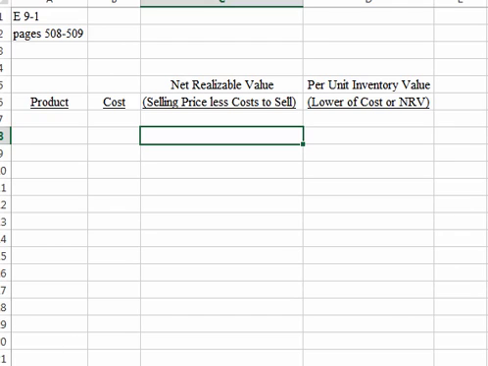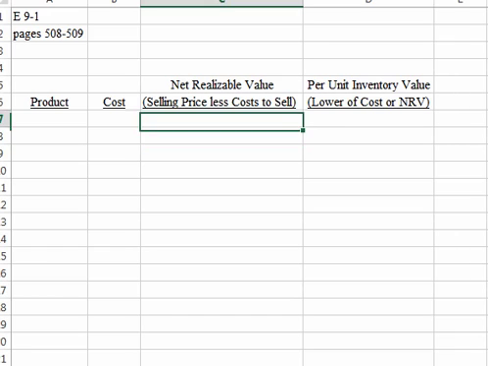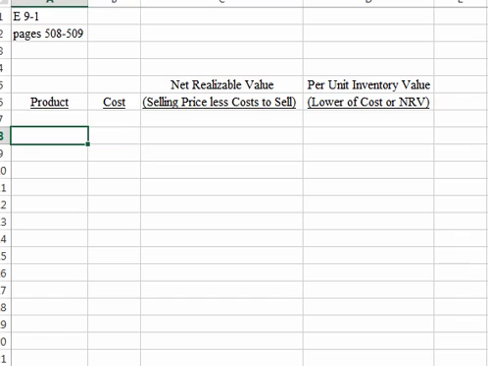So what we're going to do in this case is value the units at the lower of cost or net realizable value. Again, that net realizable value is the selling price less the cost to sell. Our first product here is creatively named Product 1.